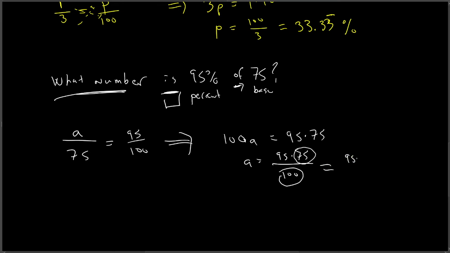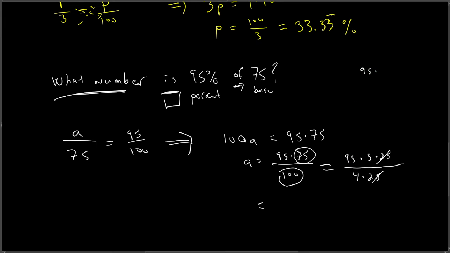So if I write this as 95 times 3 times 25, and this as 4 times 25, these will cancel, and I get 95 times 3 divided by 4.